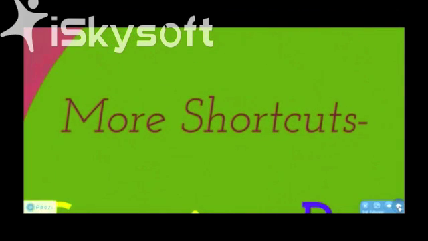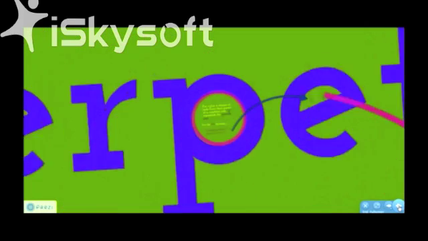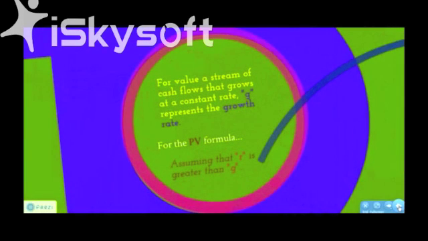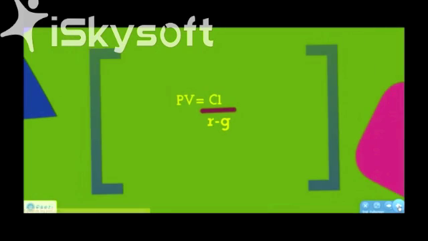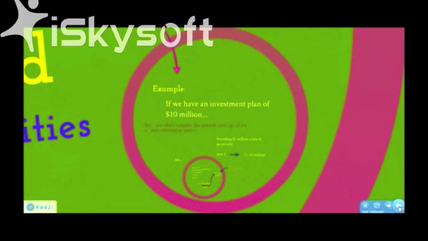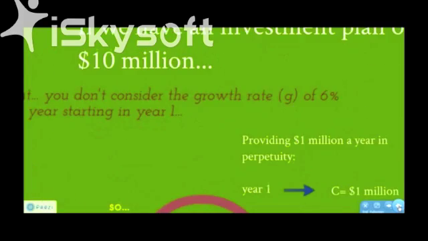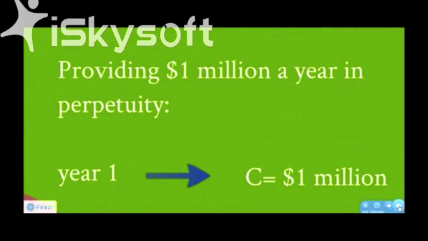More shortcuts. Growing perpetuities. To value a stream of cash flows that grows at a constant rate, g represents the growth rate in the present value formula. Present value equals C1 divided by r less g. For example, if we have an investment plan of 10 million, providing 1 million a year in perpetuity, with a growth rate g of 6% a year starting in year 1, then in year 1 we have C equal to 1 million.